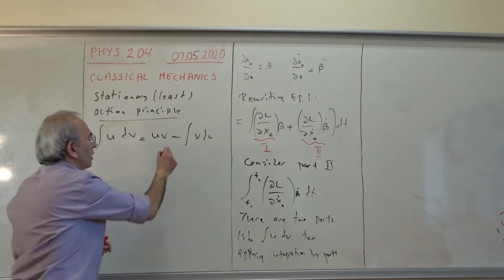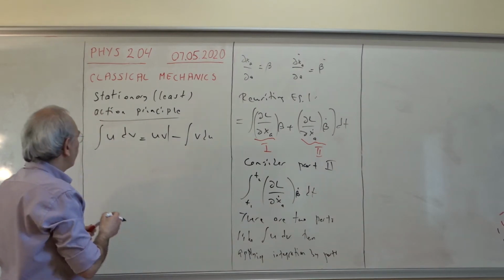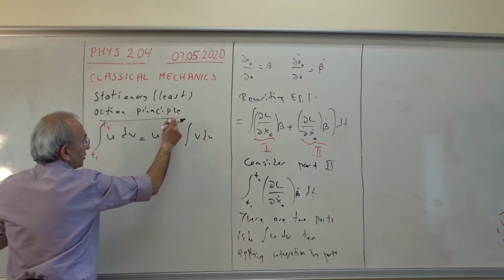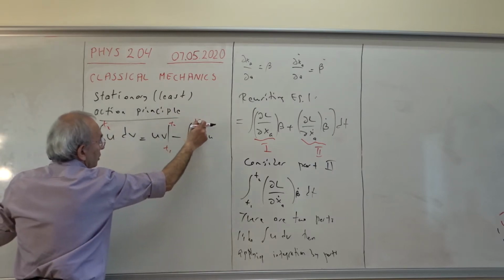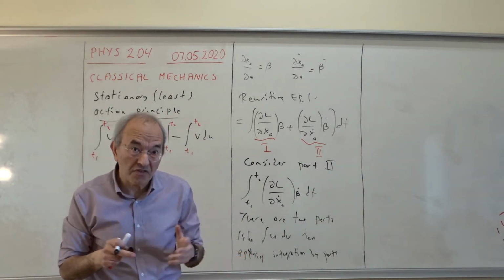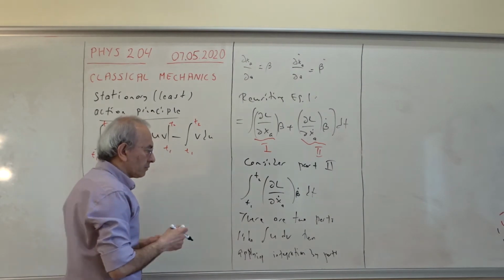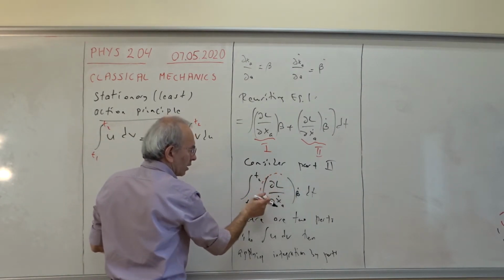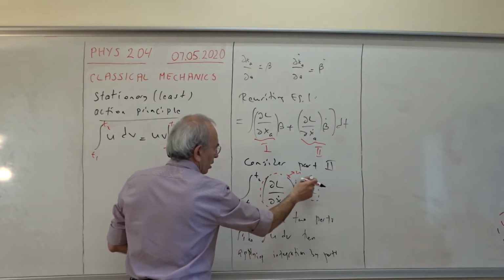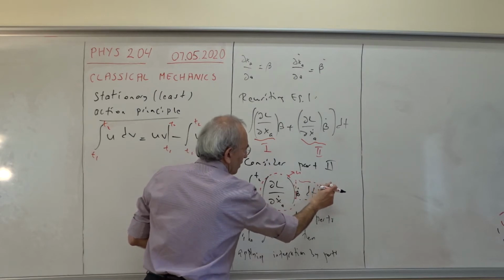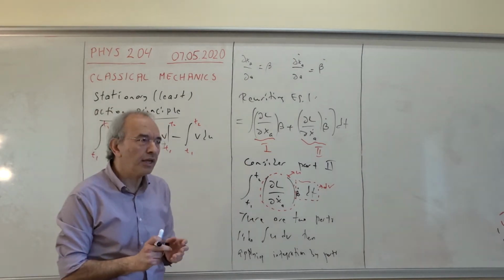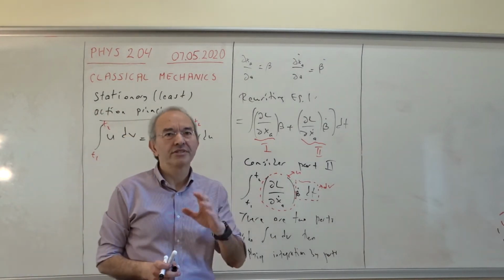I'm not writing the limits, but for example, if these are t1 and t2, these are also t1 and t2. But which one corresponds to u, and which one corresponds to dv? This part corresponds to u, and this part corresponds to dv. So with uv minus integral v du written this way, then we arrive, I hope, somewhere.